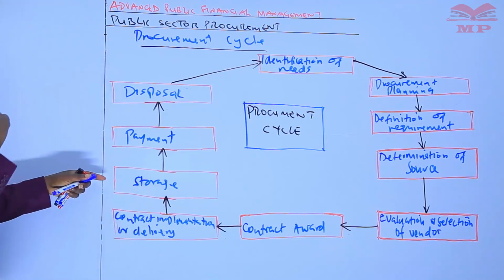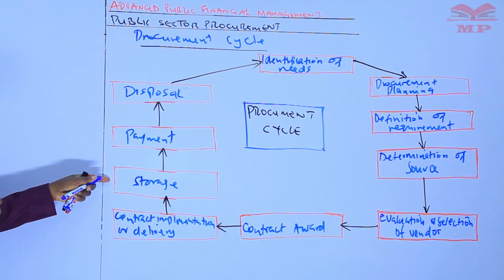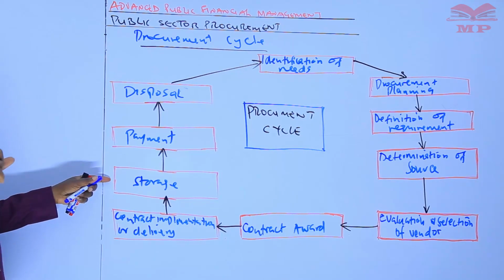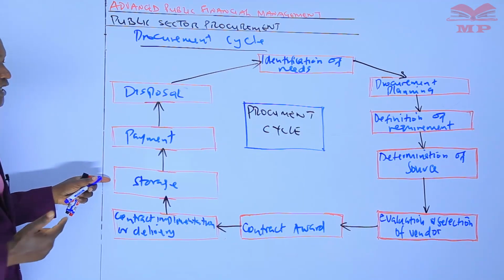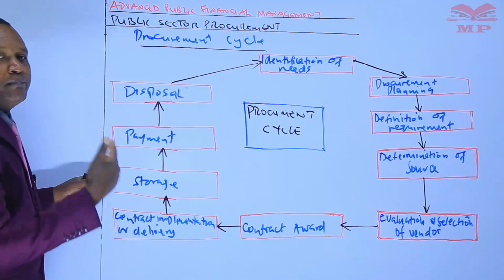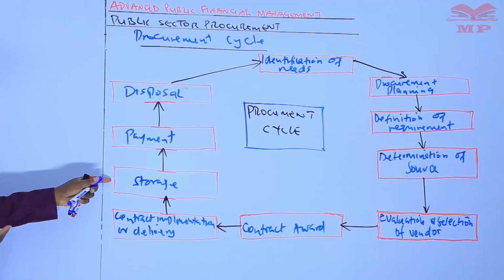Then there is the storage phase. Now, an effective stores and what we call disposal management system is essential to deter corrupt malpractices. Storage.